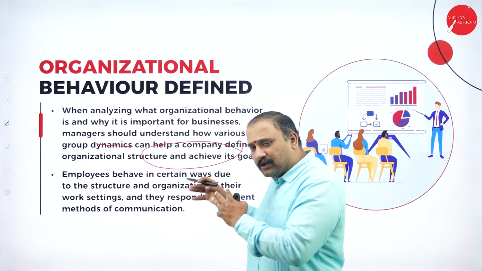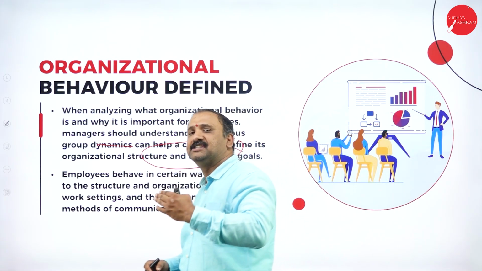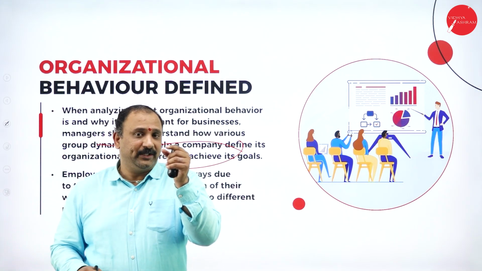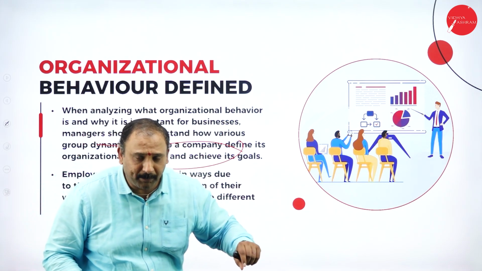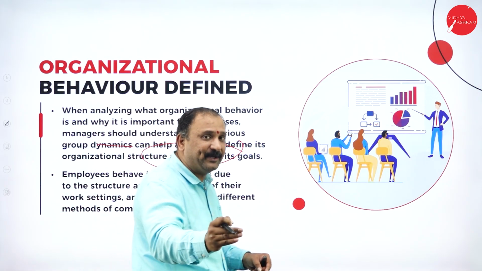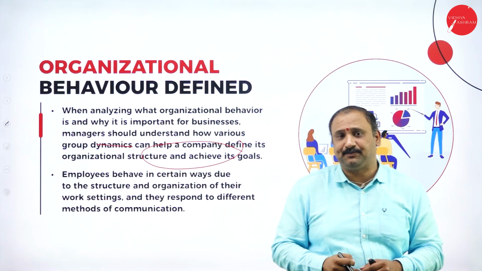So there is a whole lot of dynamics that goes into defining the organizational behavior pattern. One has to understand whether we are getting the right kind of people for the right kind of job, followed by whether we are creating the right kind of environment for the people to survive and continue to deliver as per the needs.